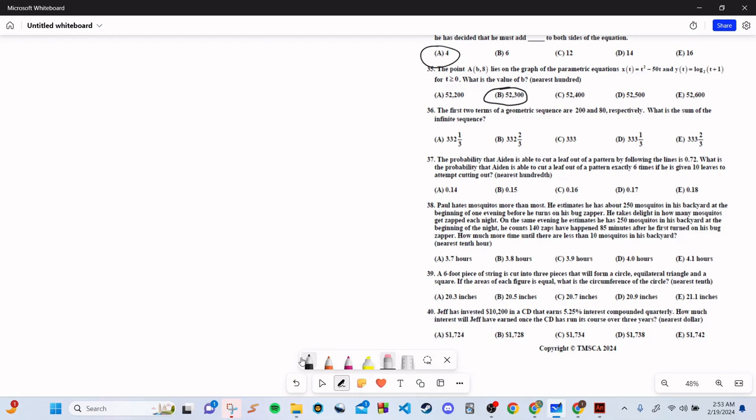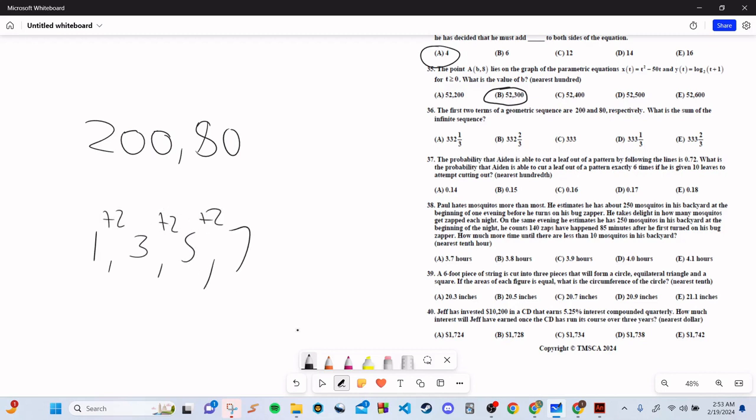The first two terms of a geometric sequence, so that's a keyword, are 200 and 80, respectively. We want to know what the sum of the infinite sequence is. So an arithmetic sequence, for example, is you're adding by the same rate over time.